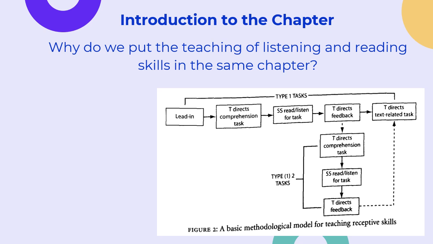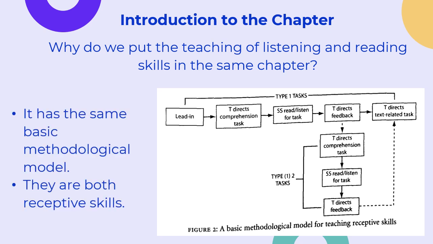It follows a somewhat similar pattern, as you can see in the picture here. And since they are both receptive skills which work on students' comprehension and understanding, it is not ideal to separate these two skills into two separate chapters.